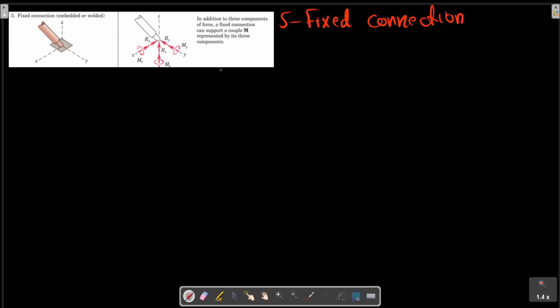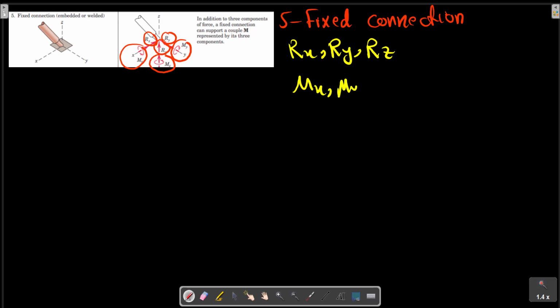As shown in this picture, more than the forces at the point of connection in this support, there is also some resistance about rotation in each axis. So we have Rx, Ry, and Rz, as well as Mx, My, and Mz.